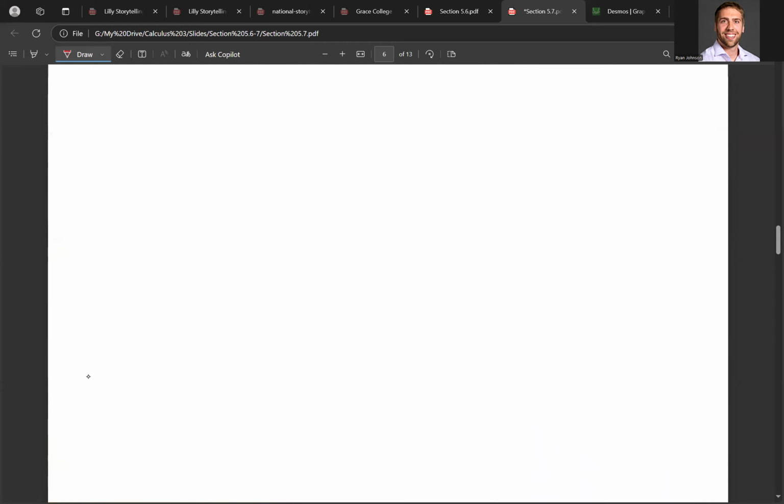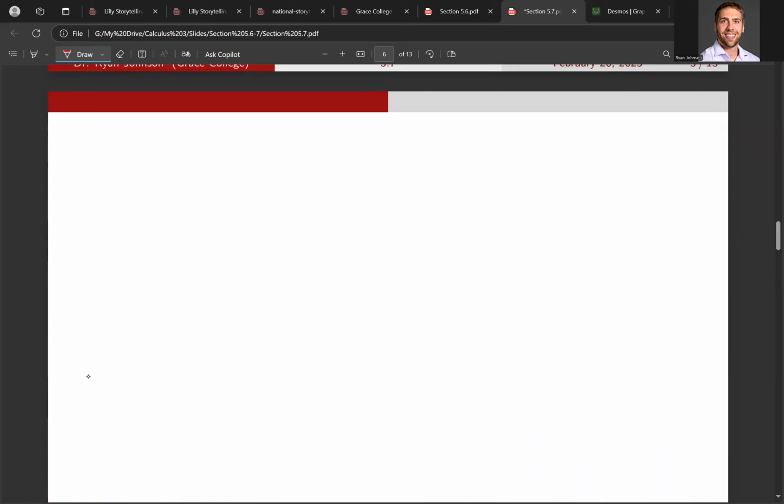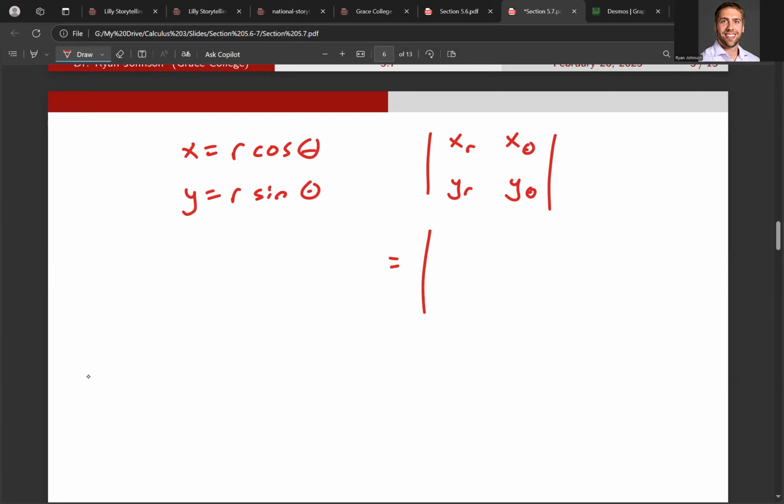Let me back up a little bit and think about, remember switching to polar, where we showed geometrically how you get an extra r? We can also show that algebraically now using Jacobians. Okay? So if x equals r cosine theta, and y equals r sine theta, then if I take x_r, x_theta, y_r, y_theta, what is x_r?